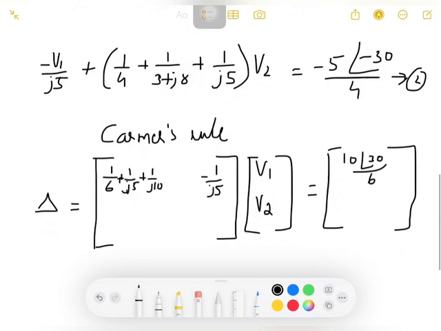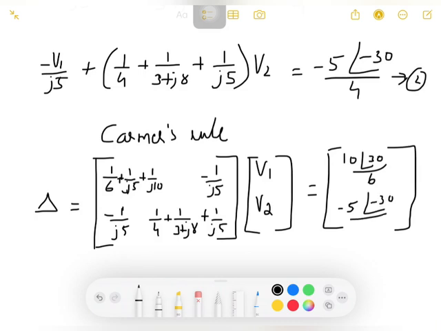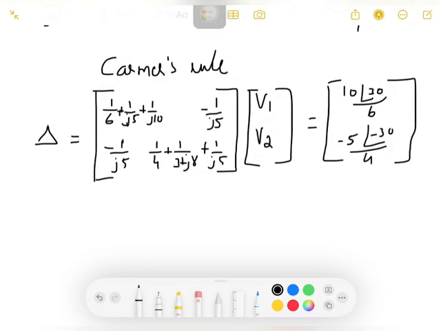Similarly, from the second equation, I have the V1 term as minus 1/j5, and the V2 coefficient is 1 plus 4 plus 1/(3 plus j8) plus 1/j5, and this is equal to minus 5 at an angle 30 divided by 4. So I need to find the determinant of this matrix, that is delta, we can say.